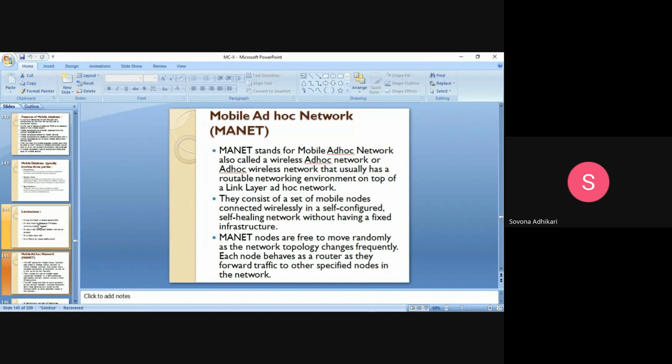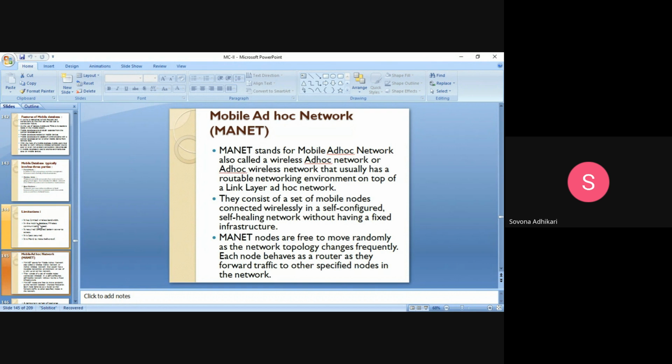Each node behaves as a router as they forward traffic to other specified nodes in the network. A router is a device which forwards the data which is not meant for it. Suppose one node sends data, it first reaches the neighbor node. It knows that the data is not meant for it, and it immediately forwards it to its neighbor. In this way, the packet travels.